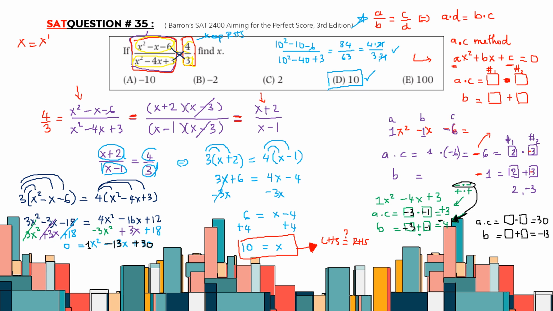Like we said before, if we have positive numbers, we may have positive times positive or negative times negative. But they sum up to a negative number, which means you will have two negative numbers.